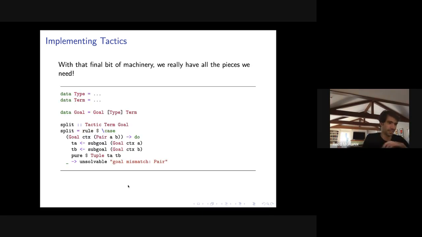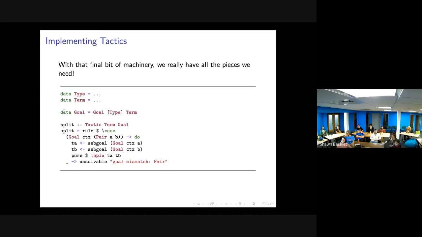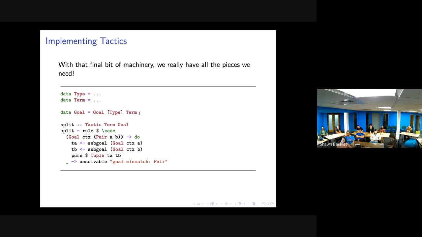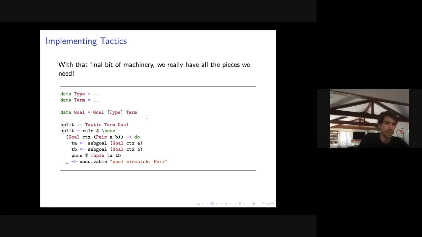So here's an example of what one of these things looks like once they're all done. We have types, we have terms. A goal is basically just some context full of types, and then a term that takes variables from those. And then split is a rule. We match on the goal we're trying to synthesize.